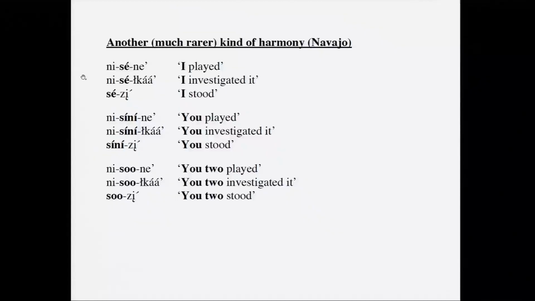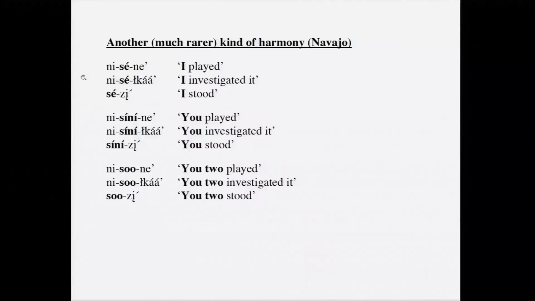There's a morpheme se showing up in the first three verbs, which tells you that the subject is I. And there's a morpheme sini in the next trio of verbs that tells you that the subject is you. And then there's a morpheme sol in the last three verbs that tells you that the subject is you two.